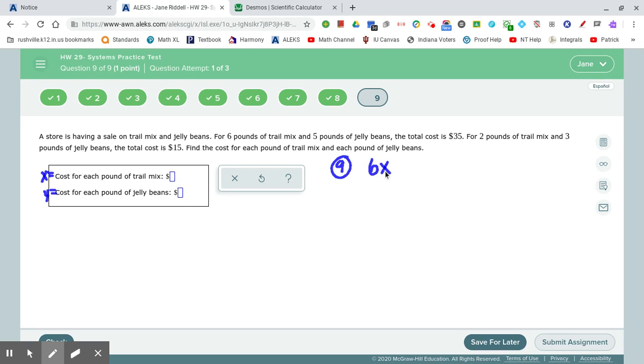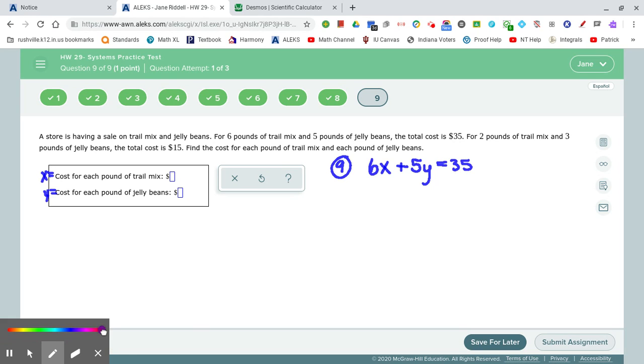So that's 6x. So you would take 6 times whatever that cost is. That will give us the cost of how much you pay for the trail mix. But you're making a total cost, which means you're also paying for jelly beans, which means you also have to add that cost of jelly beans, and that is 5 pounds times the cost per pound, 5y, and that total cost is $35.